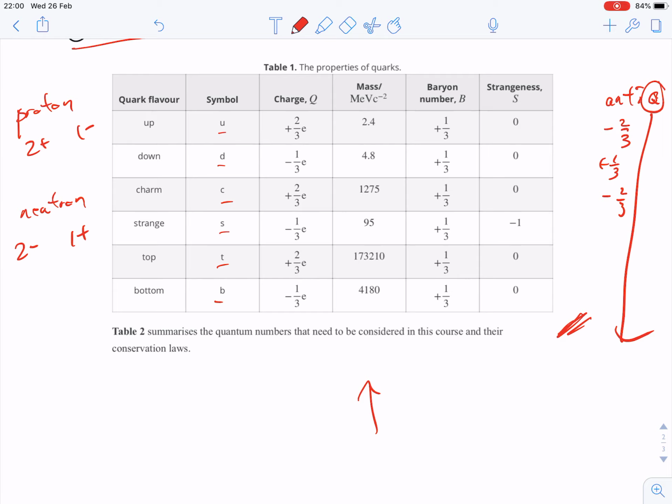The baryon number we'll talk about next time, along with strangeness. You might notice that the strange quark is the only one that has a strange value. Okay guys, that's the end of this video. We'll see you again in part 2.